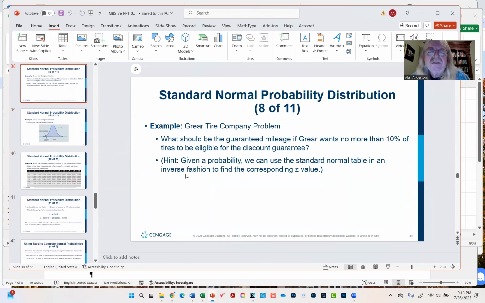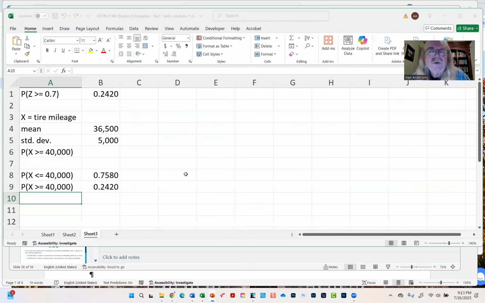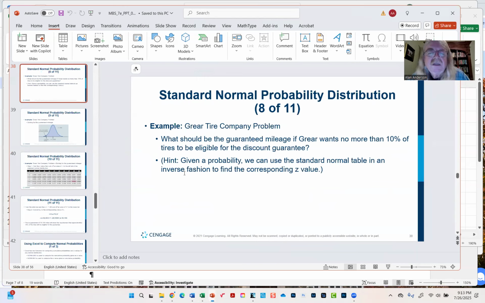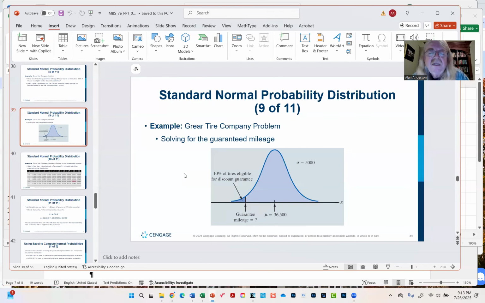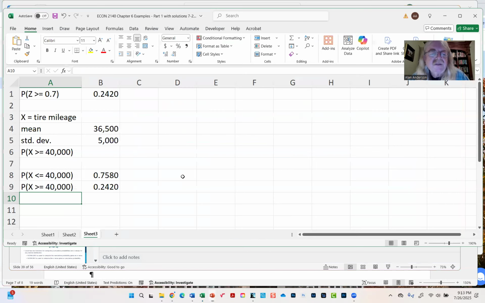And what they're saying is, listen, what if we want to make sure that whatever warranty we choose, no more than 10% of the customers will ever take advantage of it? So that means that we're going to use the inverse process again. And so what they want us to do is this.